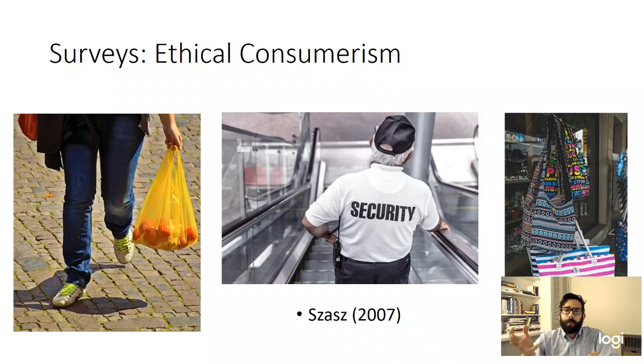And so what do people do and why do they do it in regards to the environment and their individual behaviors? A survey is a great way to get that information by asking, how often do you go to the grocery store? How often do you bring your reusable tote bag? How often do you use it? Do you buy LED light bulbs? All these other behaviors or thoughts about green products.